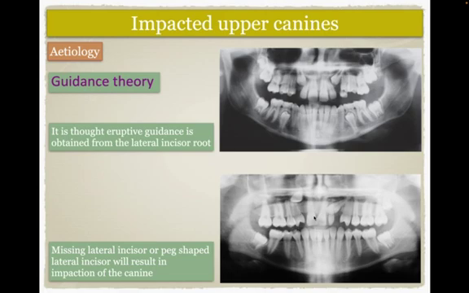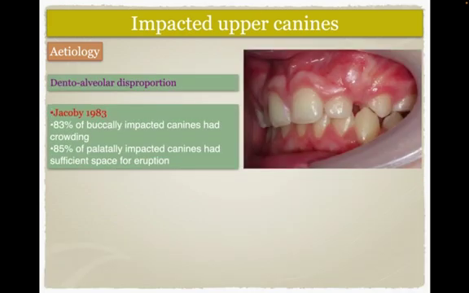So, for example, here in this patient, we have a missing lateral incisor on this side, so the canine is here. It's lost its way. No one is guiding the canine. While on this side, because we have a peg shaped lateral, which means that we have a narrow root, the shape of the root is not normal. So again, the canine missed its path and is not erupting in the normal position. We call this the guidance theory. That's another theory trying to explain the palatally impacted canine.